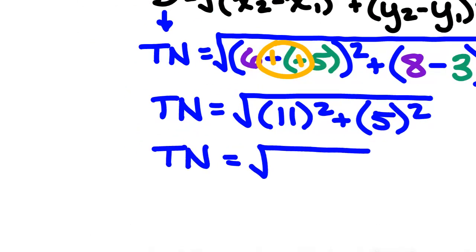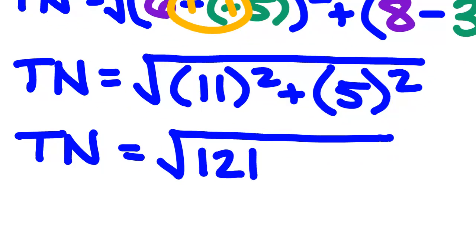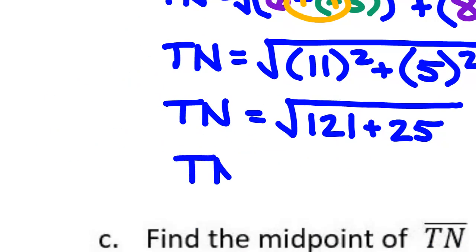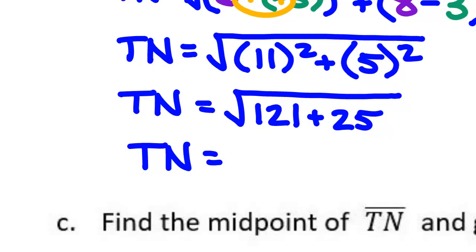What is 11 squared? 121. 5 squared. That's not an acceptable use of time right now. And then we add those two together. What is 121 plus 25?